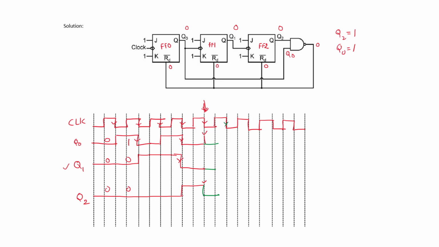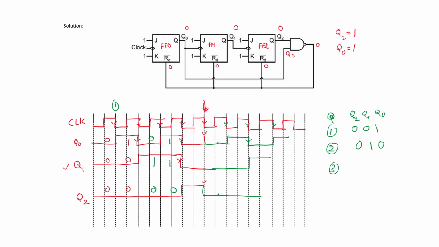Again Q0 will start toggling at every negative clock transition. Similarly, Q1 will toggle at the negative clock transition of Q0, and this will continue. At the first clock transition, these are the values of Q2, Q1 and Q0: 0, 0, 1. At the next clock transition, 0, 1, 0.